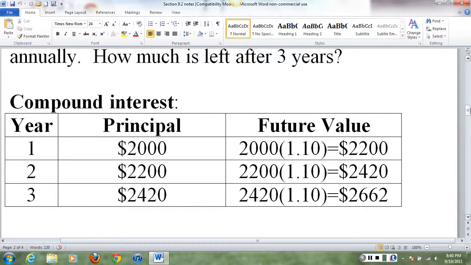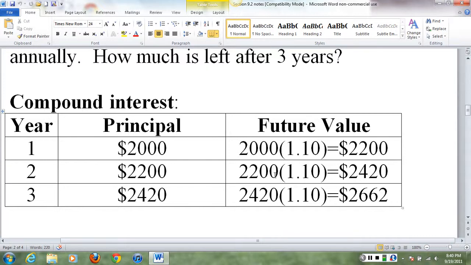So for example, we start at $2,000. After 1 year, our interest at 10% is $200, and so that's added to get $2,200, and that becomes our new principal. Then, using that same future value formula, my new principal is $2,200 as opposed to $2,000.